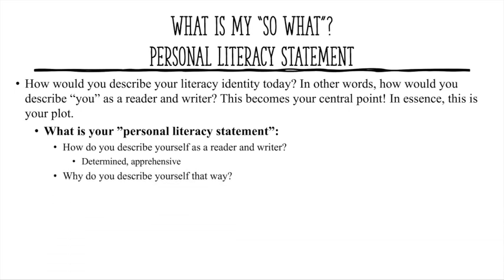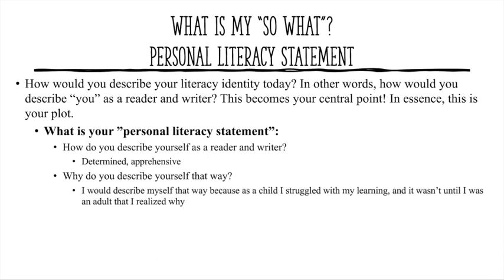Now that you have some of those ideas or those adjectives jotted down, the next question is, why is it that you're using those words to describe yourself? Why is it that those words describe you as a reader and writer? So for example, if I use those words determined and apprehensive, I then had to think about why I was using those words to describe my own personal literacy, me as a reader and writer.